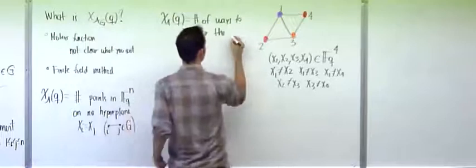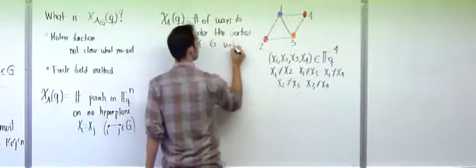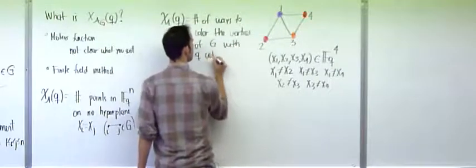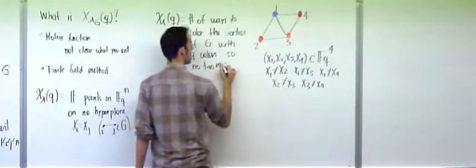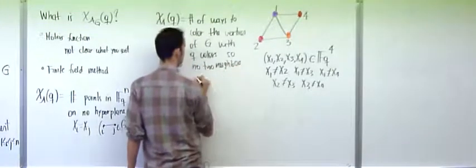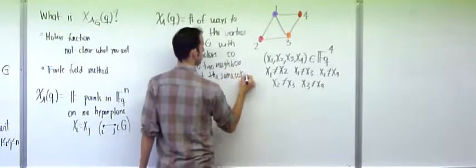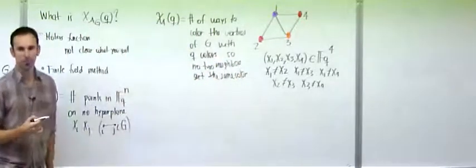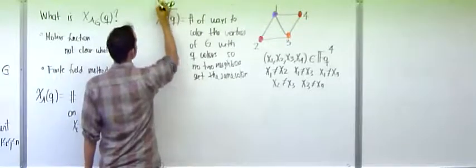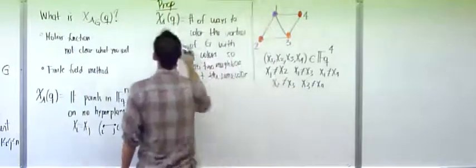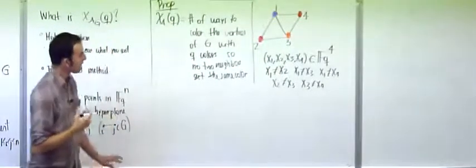So number of ways to color the vertices of G with q colors so that no two neighbors get the same color. Okay? Let's call this a proposition, even though it's a very simple observation. It's just translating the result to this setting.